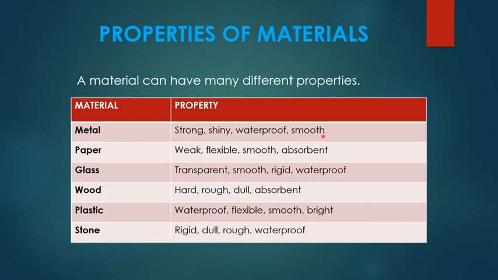Metal is smooth. Paper is also smooth. Glass is smooth. And plastic is smooth. So here we have 4 different materials sharing the same properties. So materials have many different properties. And the same property can be found in many different materials.